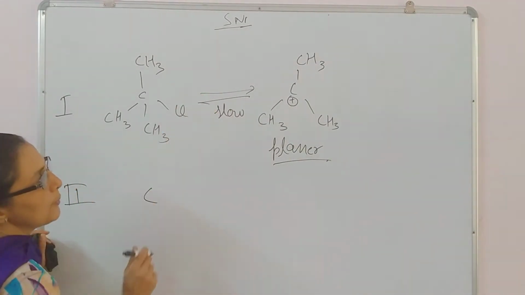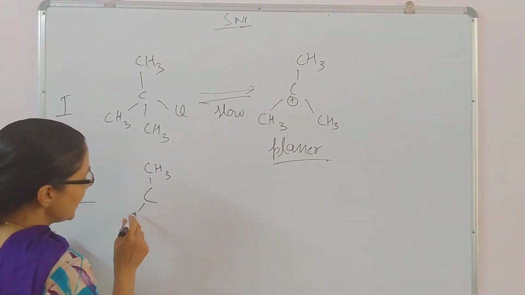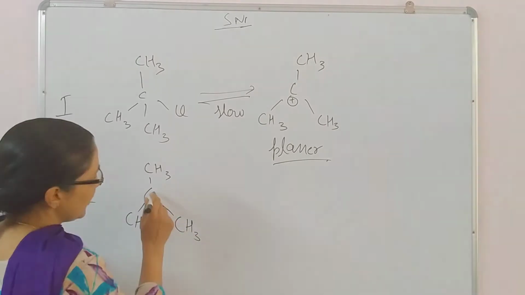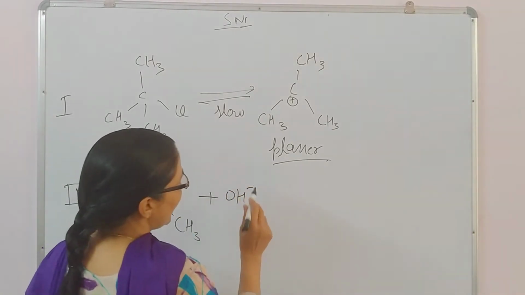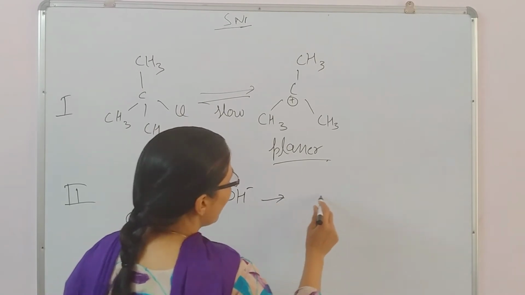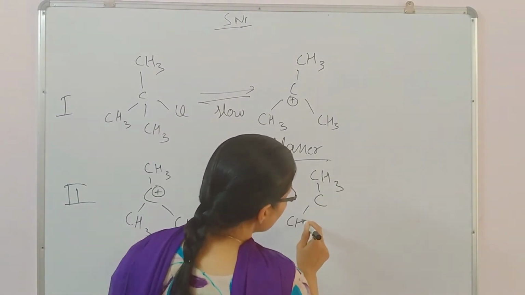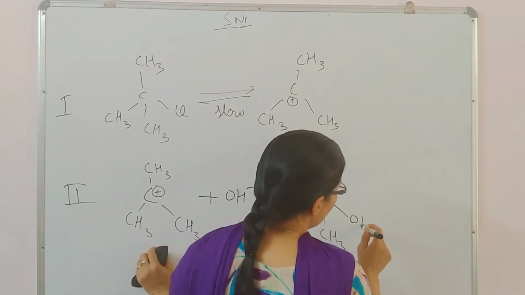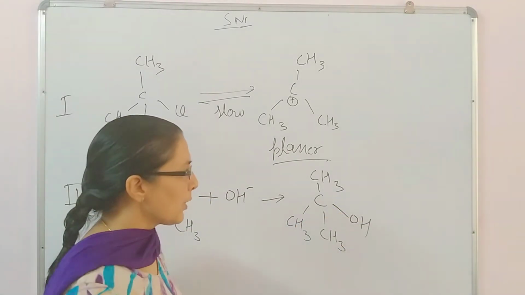So here we have (CH3)3C plus, and again OH minus nucleophile will attack. There will be formation of the compound (CH3)3COH. Here, as all the groups are similar, no double product will form.